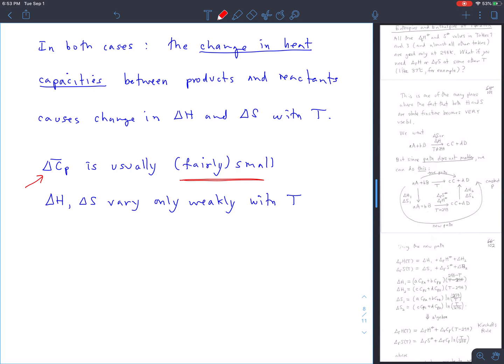You're only changing the way the atoms are bonded to each other. And that usually doesn't have a huge effect on the heat capacity overall. There is a change, it's not zero, but it's not huge. And since this delta Cp is a small quantity, that means that the changes in delta S and delta H are usually also fairly small, even when the temperature change is rather large.